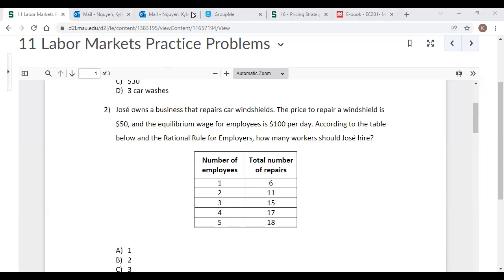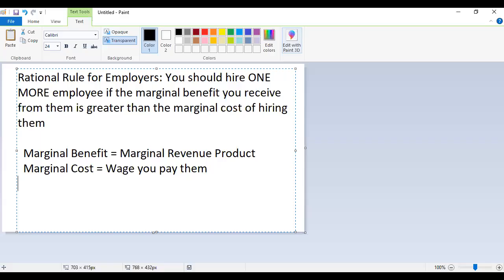Now, why is that? Well, our marginal product of labor is 6 because we went from 0 to 6, and our price equals 50 because that's how much we're charging people. And obviously, 6 times 50 equals 300. And so that's our marginal revenue product.